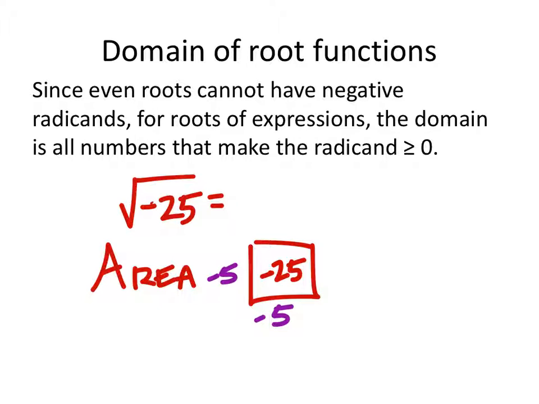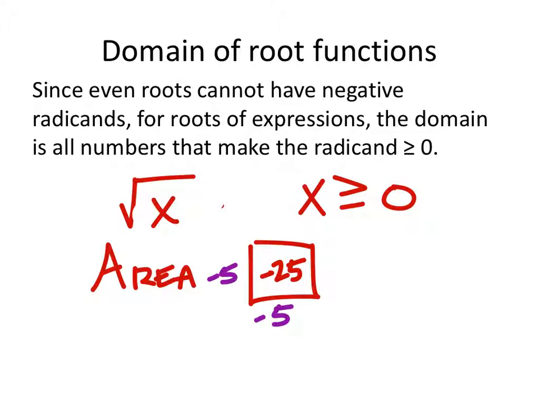Even if we make those lengths negative, they won't result in a product of negative 25. So that means that no matter what value we have in the radicand, x, which represents all values, the x value itself always has to be greater than 0, but it could also equal 0.